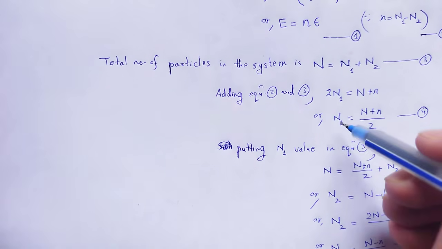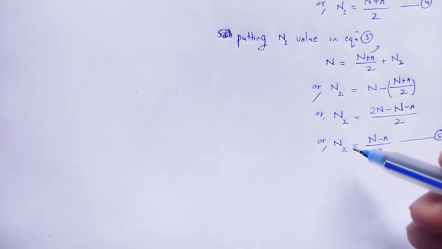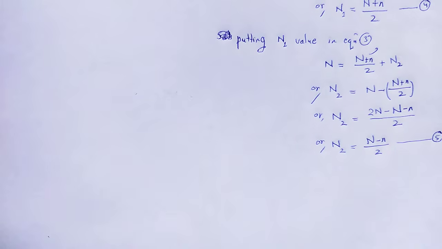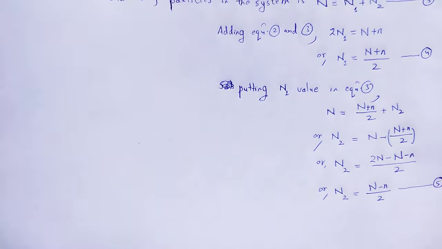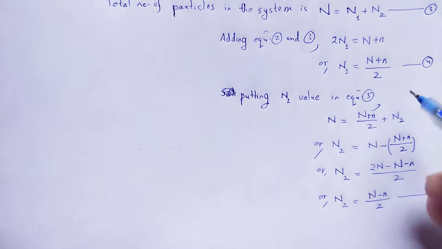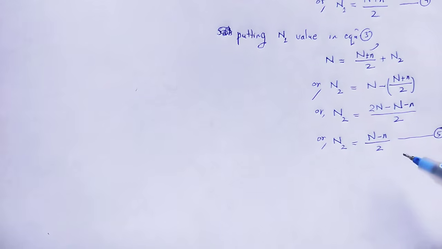Now capital N1 and capital N2 are evaluated in terms of N plus n divided by 2 and N minus n divided by 2.